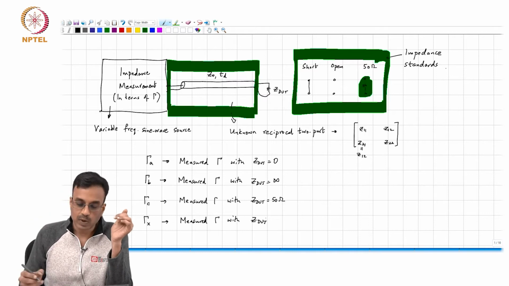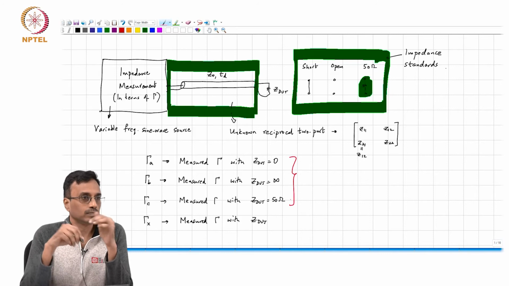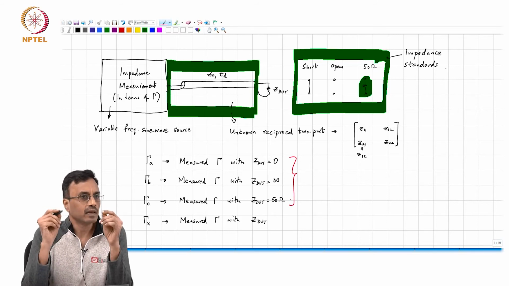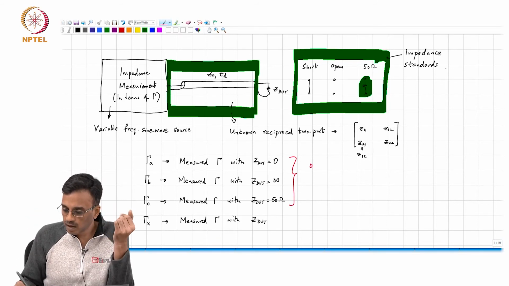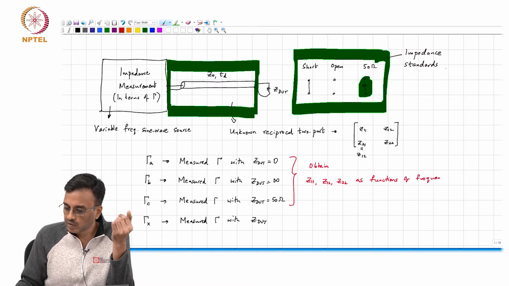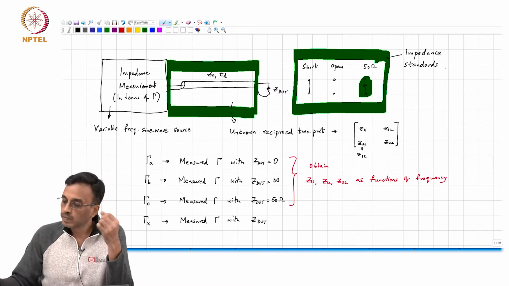And as we discussed yesterday, the aim of these three experiments is to obtain Z11, Z12 and Z22 as functions of frequency, right.